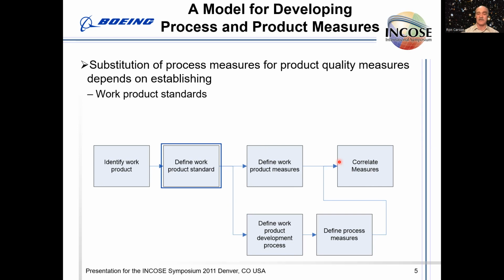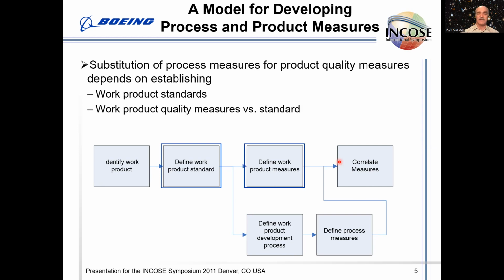I mean, it's not just electronic circuit boards, it's anything that we do that has some output. Having done that, then we can define the work product measures to enable us to assess each work product with respect to the work product standard. And that's whether we're talking about plans or requirements or architecture or anything else.